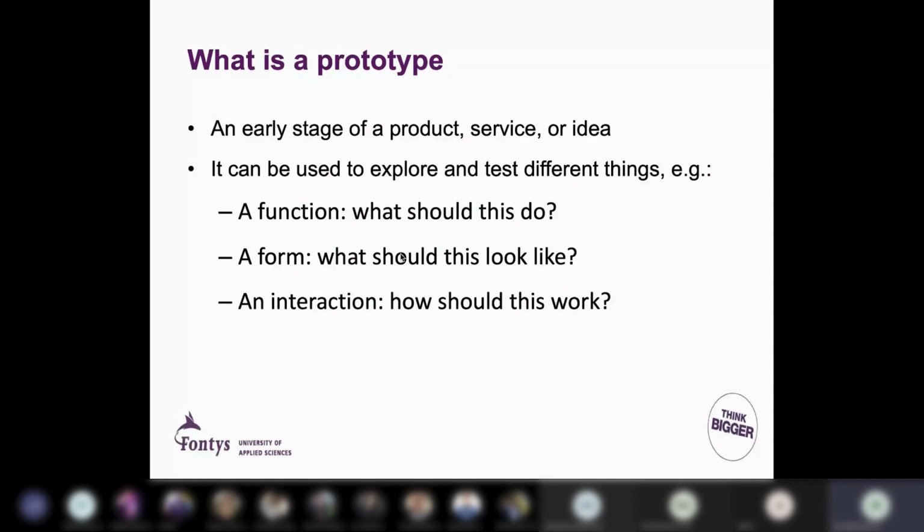And then we have, it can be used to explore and test different things, and of course that's the reason for building prototypes. A function, which means what this thing should do. A form, what should this look like, and the interaction itself. Now, yes and no in here, because it depends on how much time you actually have to validate specific ideas, how many ideas you want to validate at once.